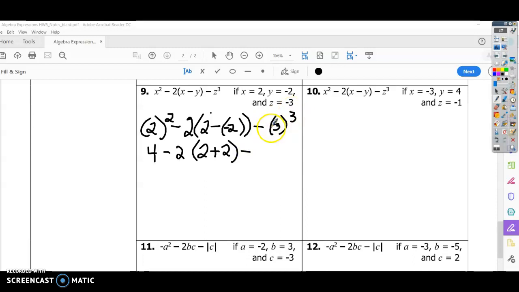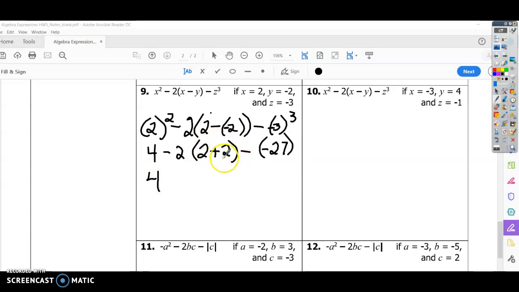All right, and again, I lost my negative there too. Minus is already in the expression. Z is negative 3, so negative 3 cubed will actually be a negative this time, because negative 3 times negative 3 times negative 3 is negative 27.